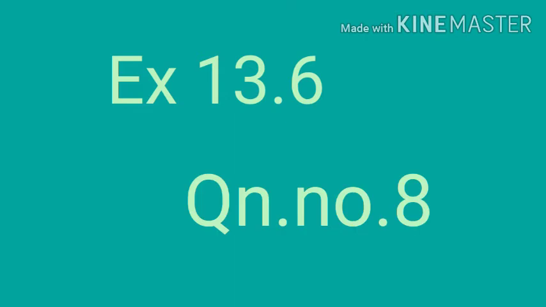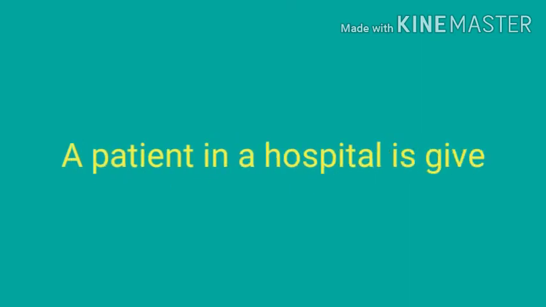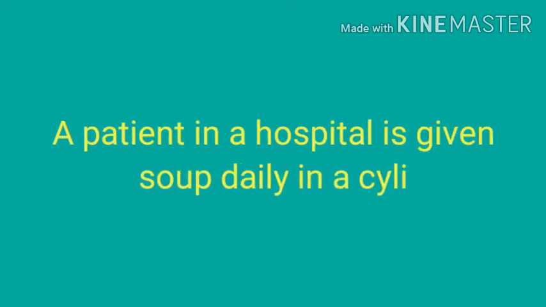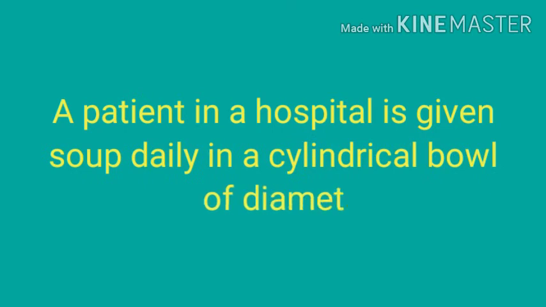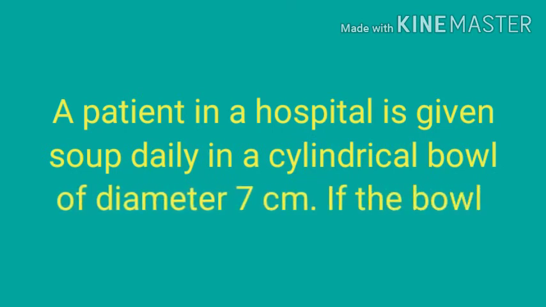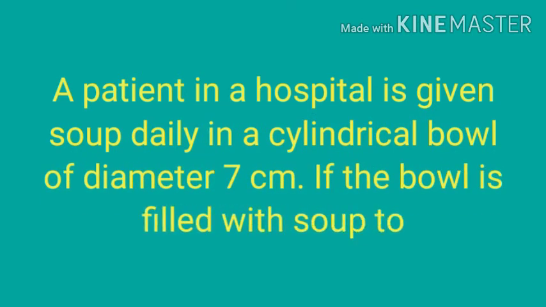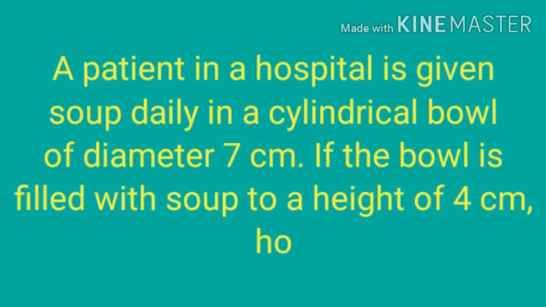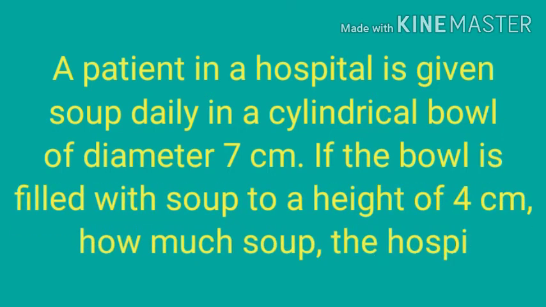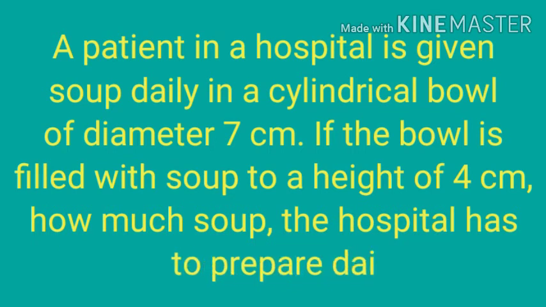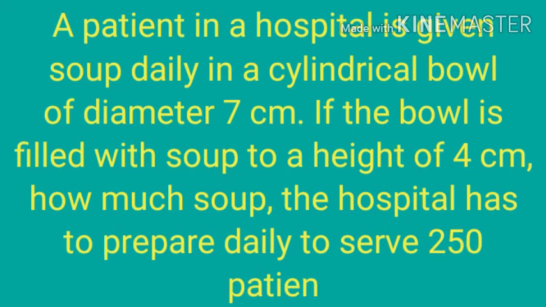Now the last question of exercise 13.6, that is question number 8. A patient in a hospital is given soup daily in a cylindrical bowl of diameter 7 centimeter. If the bowl is filled with soup to a height of 4 centimeter, how much soup the hospital has to prepare daily to serve 250 patients?